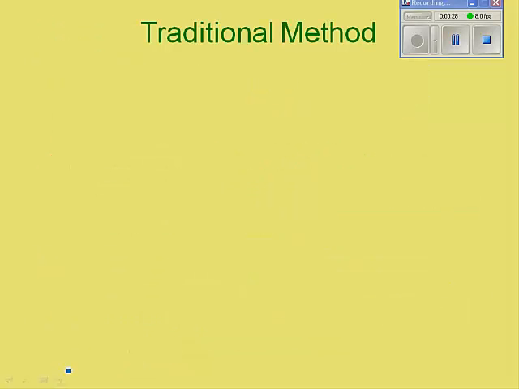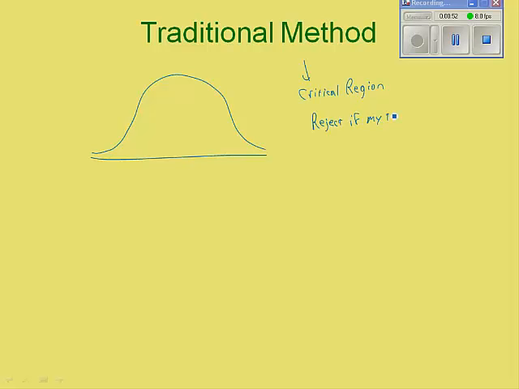There's the traditional method. In the traditional method, I have a critical region, and I basically reject if my test statistic is in it.